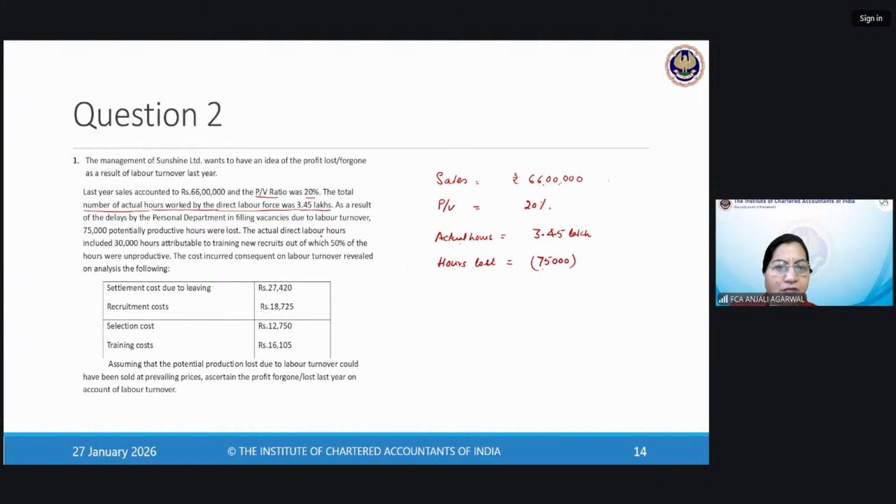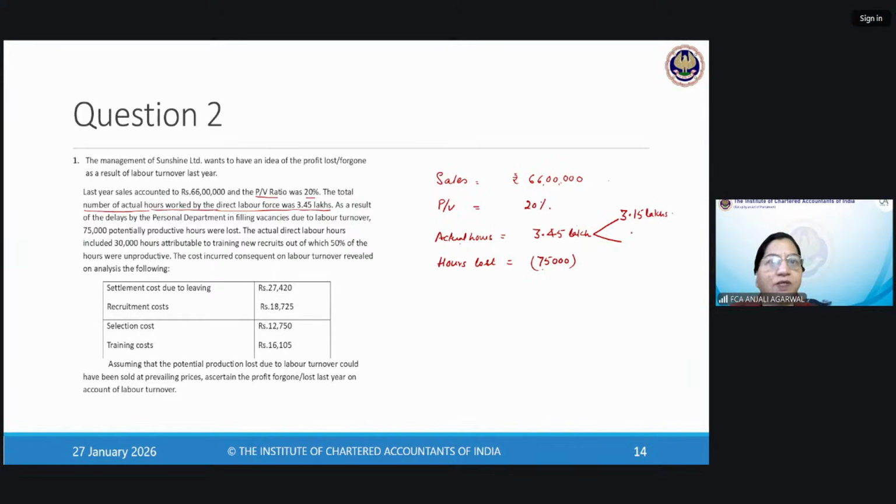And the actual direct labor hours also included 30,000 labor hours attributable to training new recruits, out of which 50% of the hours were unproductive. So out of this 3.45 lakh hours, 3.15 lakh hours was normal.